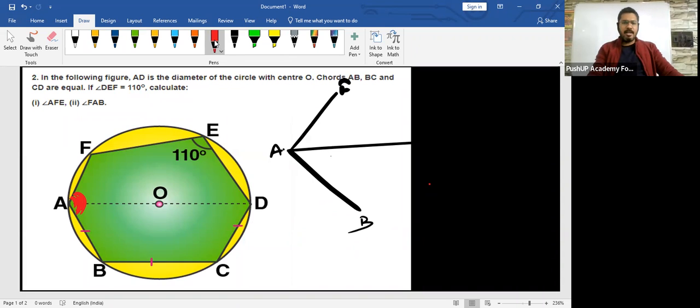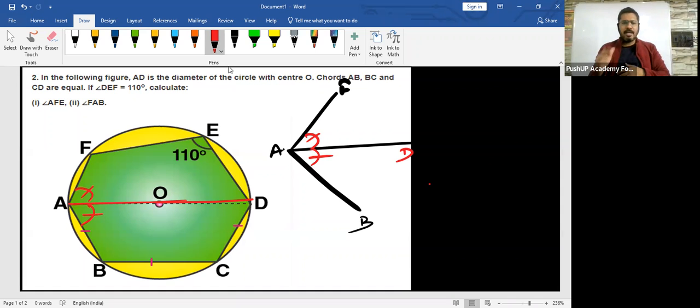One is this angle FAD, isn't it? First, you need to find what is angle FAD, this portion. And then you have to find what is angle BAD. And then when you combine both of them, you will be able to get angle FAB. Am I right? You need to find both those angles separately and then club them together.